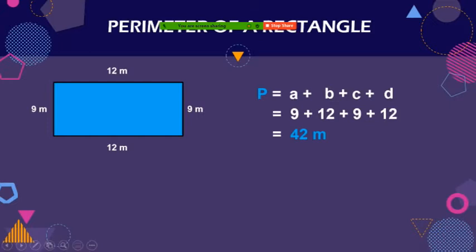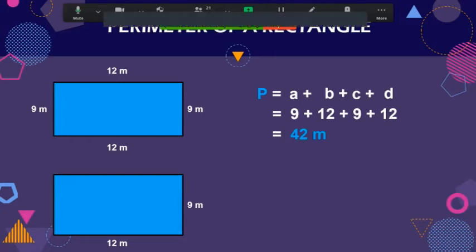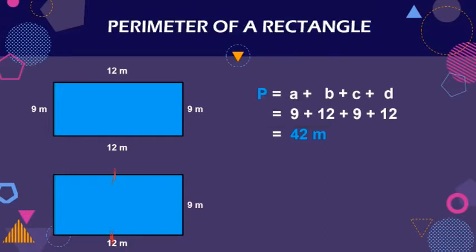So we have 42 meters. And there's another way, a shortcut, to find the perimeter of a rectangle. We know, class, that the opposite sides of a rectangle are equal. This side is equal to this side, and this side is also equal to this side. Opposite sides are equal.